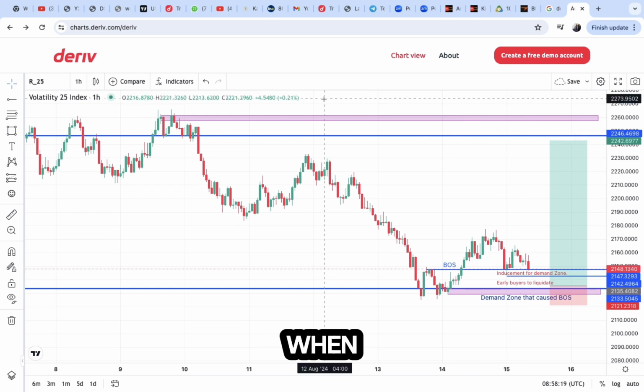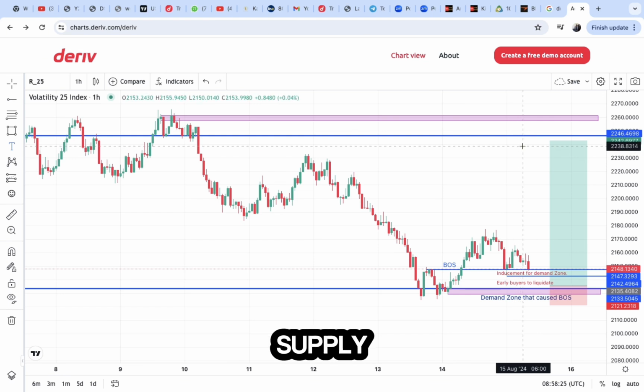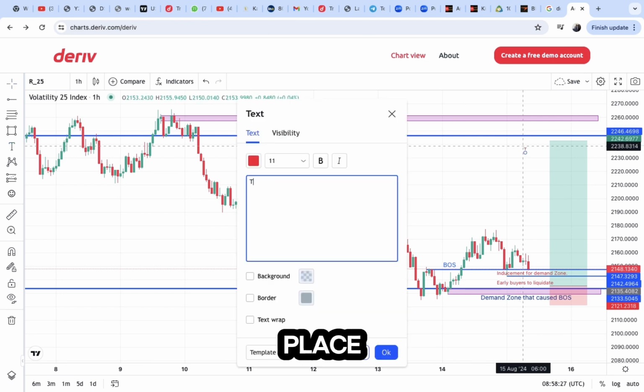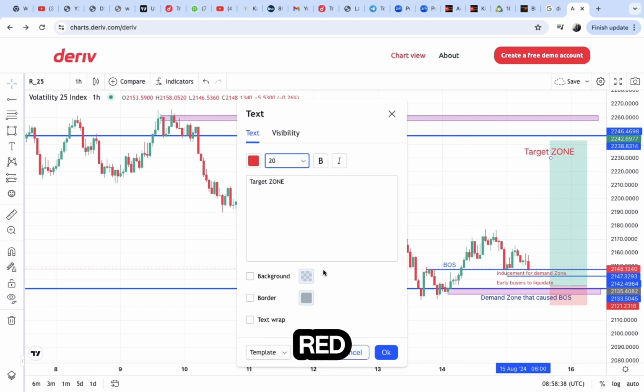Usually when you try to set a take profit, always try to put it below your supply zone. For example, in this case, when you place the buying order, that becomes our target zone, and our stop loss is around down there, like you see that red spot.